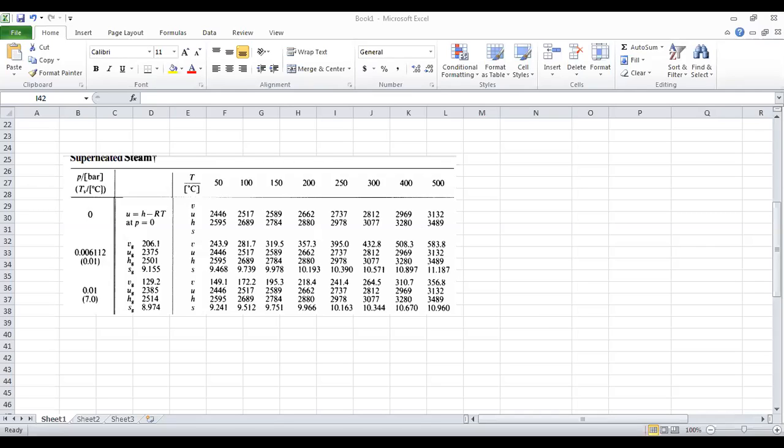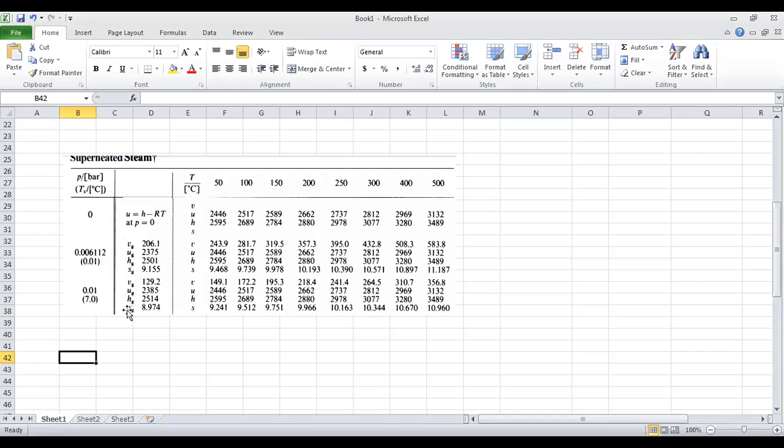I hope you can see the screen again. So at this pressure here, for example 0.01 bar, you can see the temperature is 7 Celsius and you can see the saturated vapor values.